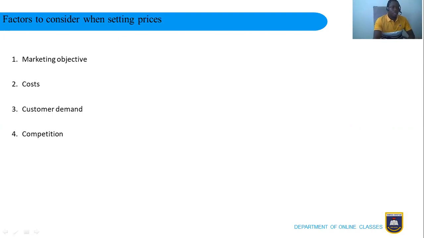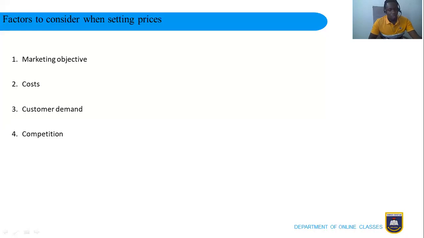then let's move on to the third factor that ought to be considered when setting price for a product. The third one has to do with customer demand. Now, before you finally decide on the price at which the product should be sold, you need to consider your customers.